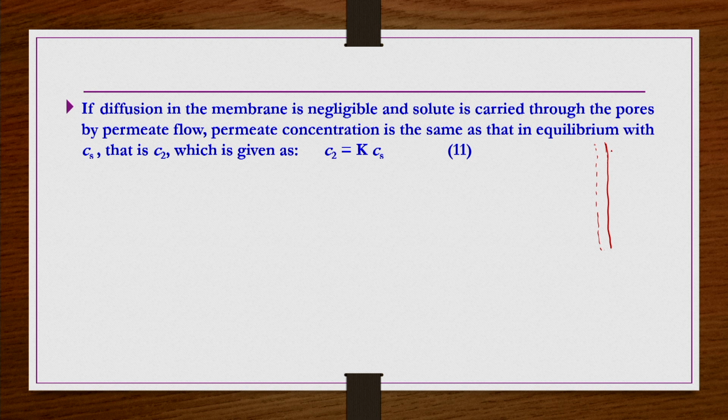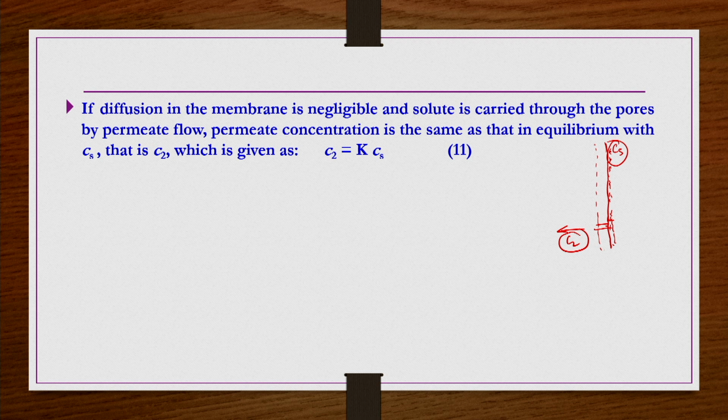Now, here the particles are being deposited as a kind of gel layer on the membrane surface. So, this is Cs concentration, but on the other side C2 concentration is there. Within the Cs, just inside the pore, let us say Cm is there, and then C2 is there. So, C2 and Cm, the Cs are in a kind of equilibrium, because they are just either side of the membrane.